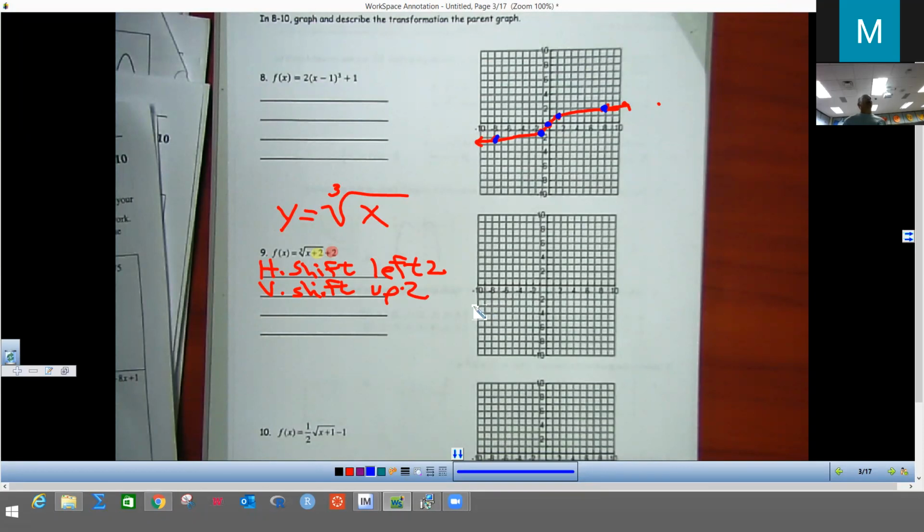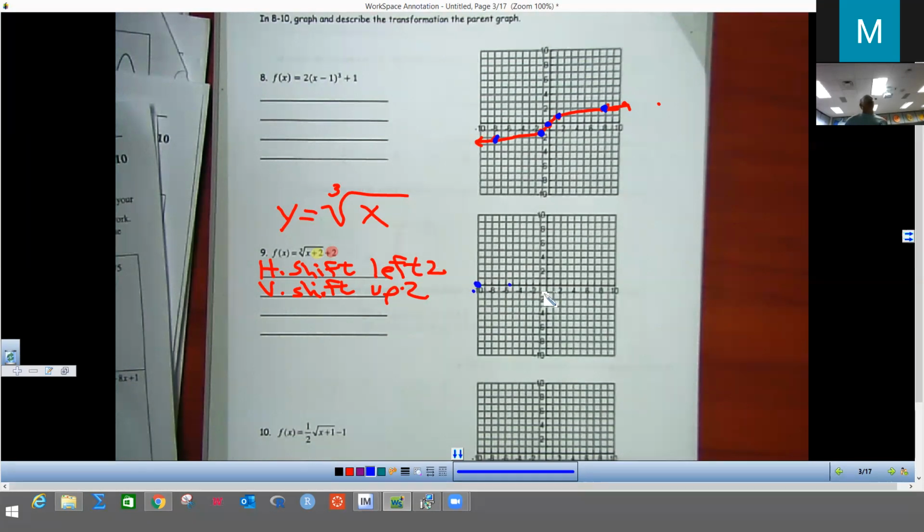It goes left 2 and up 2, so that point would go right there. And then this (-1, -1), which is right here, goes left 2, up 1. So it shifts to here. I'm sorry, up 2, not 1. So I didn't go that one up far enough. So left 2, up 2 would put it on the x-axis.